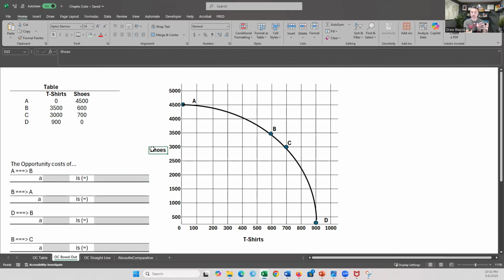You got machinery that only makes shoes, and now you're using that machinery to make t-shirts. It's not going to be as efficient. Therefore, to make t-shirts as you go down that curve, it's going to cost you a lot more shoes. To make one t-shirt out of the skilled workforce that makes shoes, it's going to cost you hundreds of shoes. So that's why you have increasing opportunity costs, why it's bowed out.